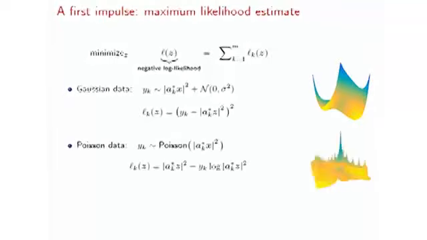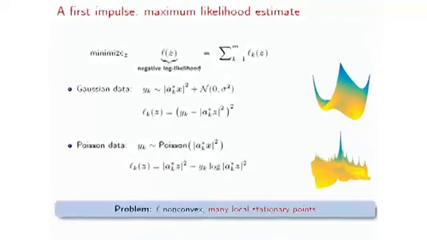If we have Poisson data, we also have some very simple formulation for the objective function. Unfortunately, however simple these formulations might look, they are highly non-convex surfaces. So this means that if an algorithm is not designed carefully, it might well converge to some local stationary points which might actually be far away from the desired solution.